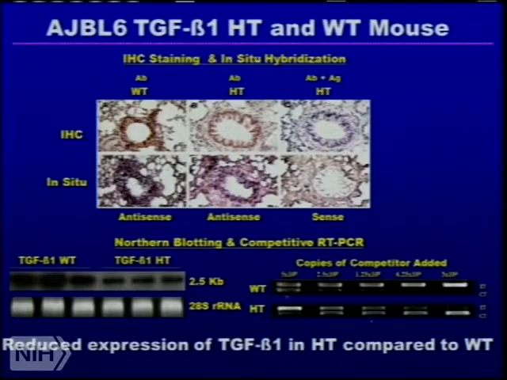Okay? We also showed with northern blotting that there's decreased expression of the TGF-beta1 in the heterozygous mouse lung compared to the wild type mouse. And we also showed the same thing using competitive RT-PCR in the heterozygous mouse compared to the wild type.